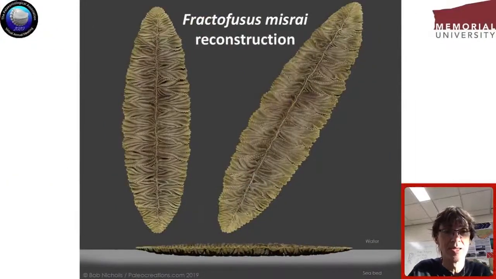And here I'd like to show you a reconstruction of Fractofusus misrai, looking at it from the upper surface. And we can see here again, we've got two veins or primary branch rows made up of a series of primary branches. We can see that there's a potential midline.